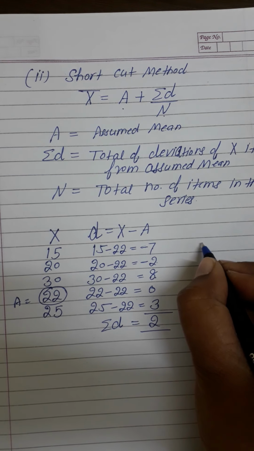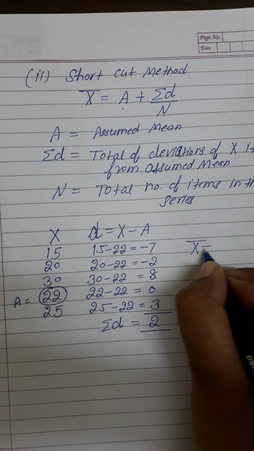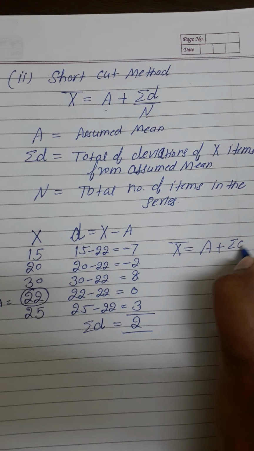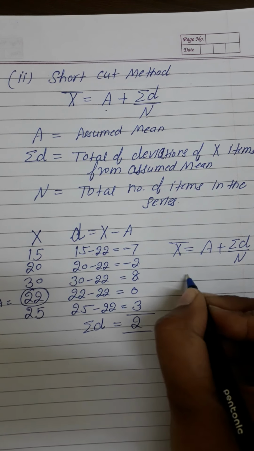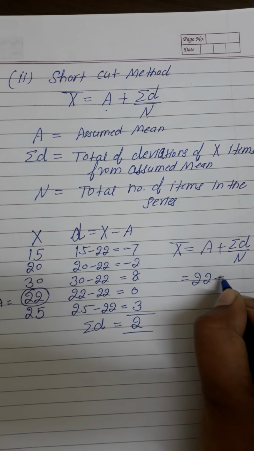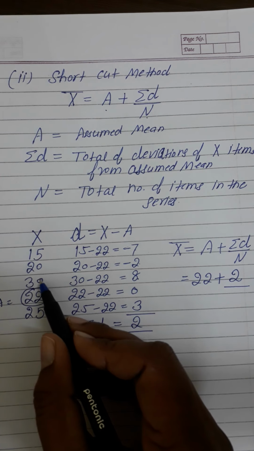And the formula of arithmetic mean is x bar is equal to a plus summation d upon n. Assumed mean is 22 plus summation d, value of summation d is 2 upon value of n is 1, 2, 3, 4, 5.